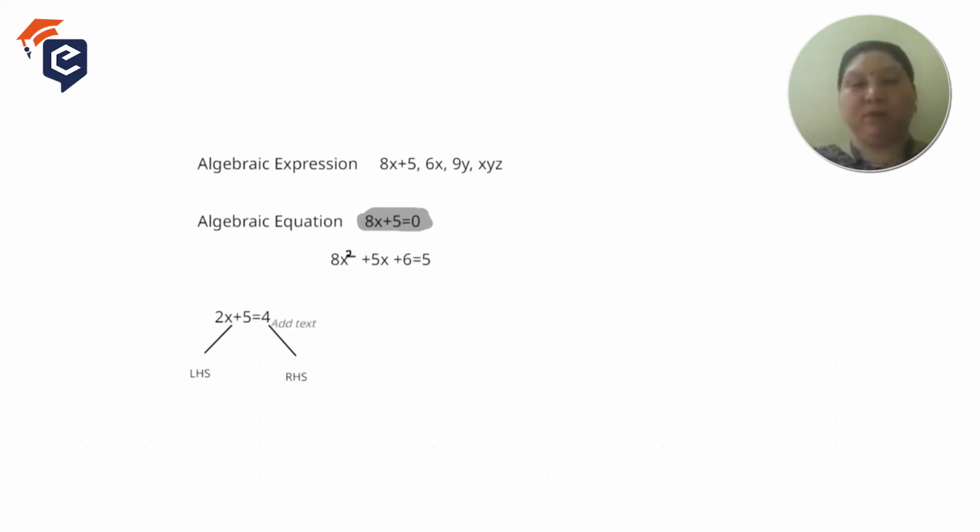So when we solve linear equations, we may have the variable part on both sides. For this I will write 4x plus 3 on the right hand side. Let's consider that both sides are equal. To solve an equation which has variables on both sides, we have to follow some steps.